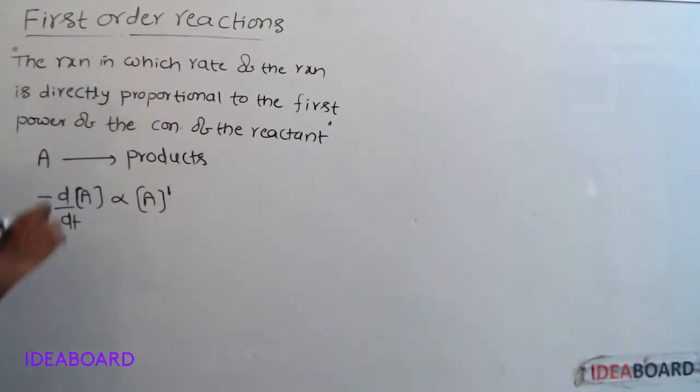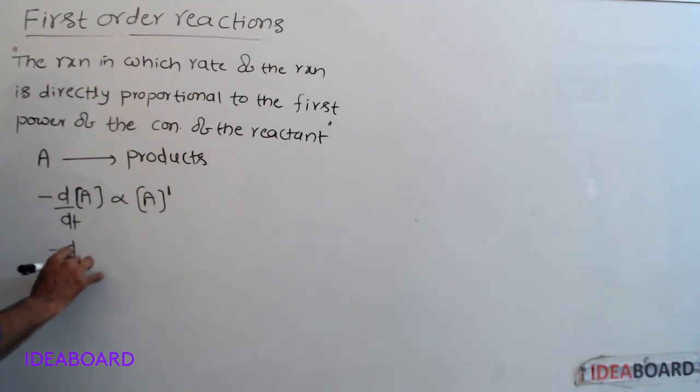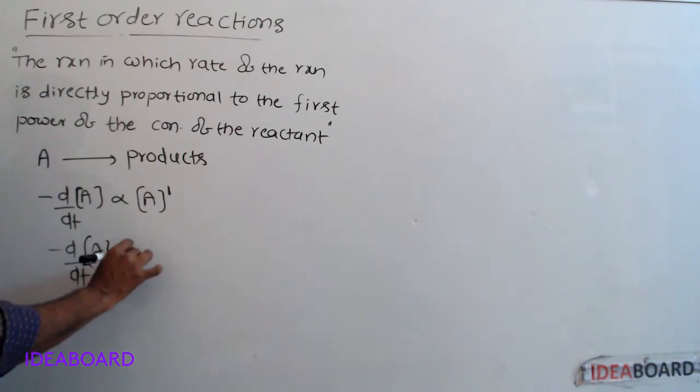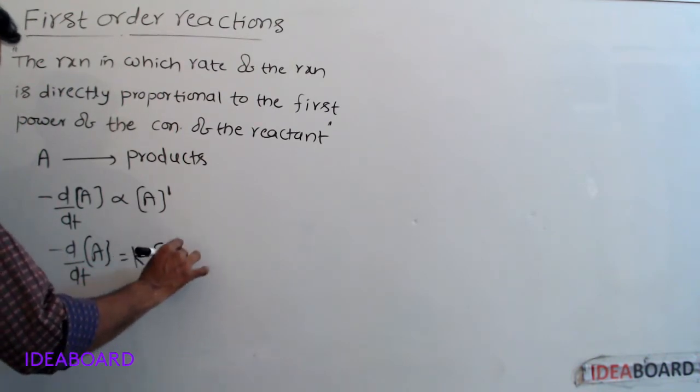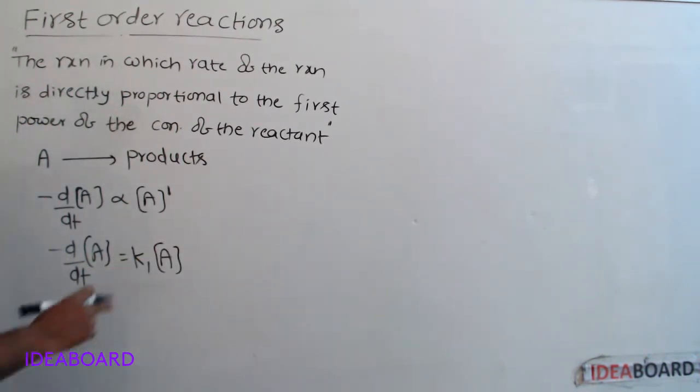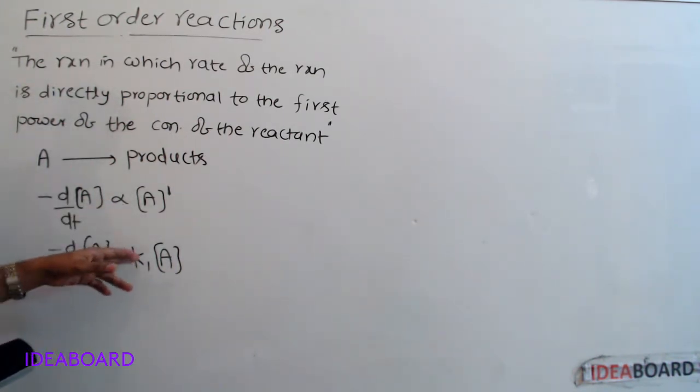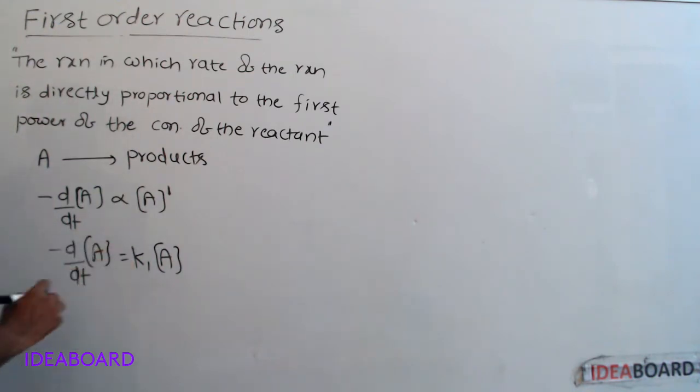Then minus d by dt of A concentration is equal to the proportionality constant K1 into A concentration. This K1 is nothing but the first order reaction rate constant.